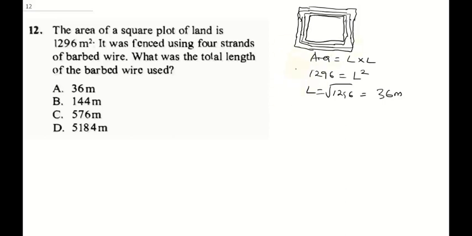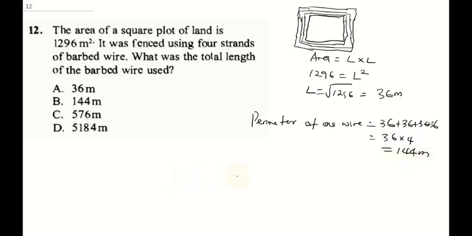So for us to get the perimeter of one wire, it will be 36 plus 36 plus 36 plus 36. So this will be 36 times 4, and that's going to give us 144 meters.